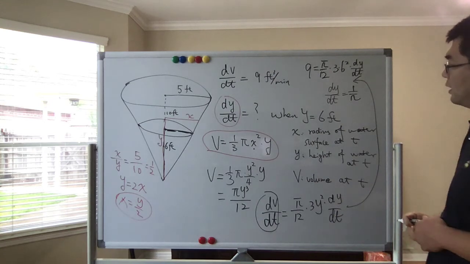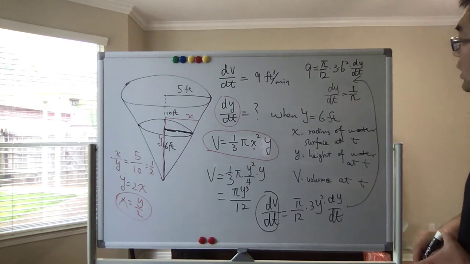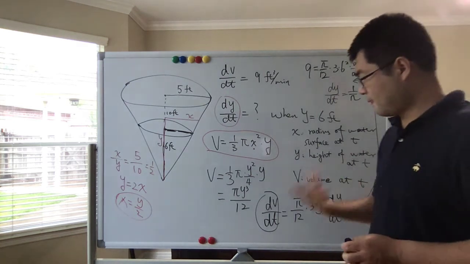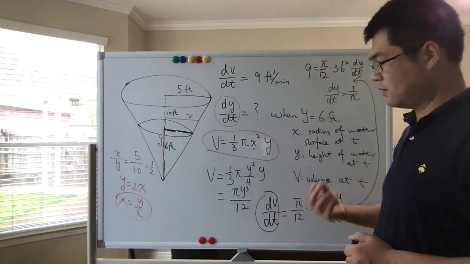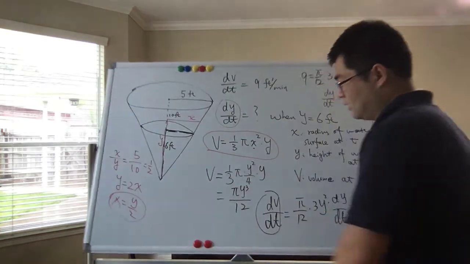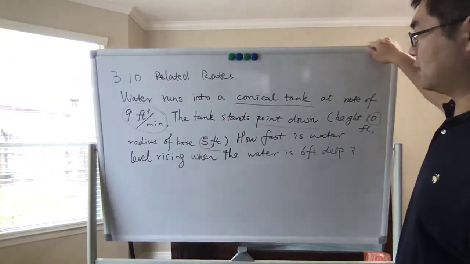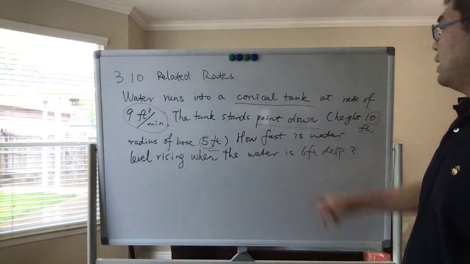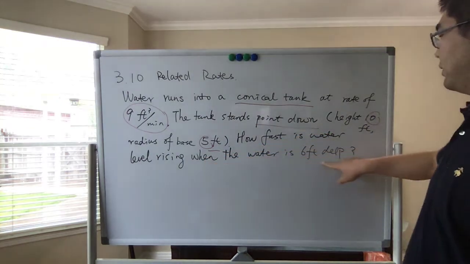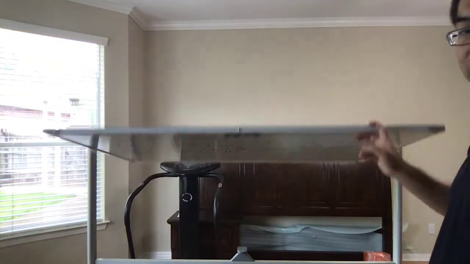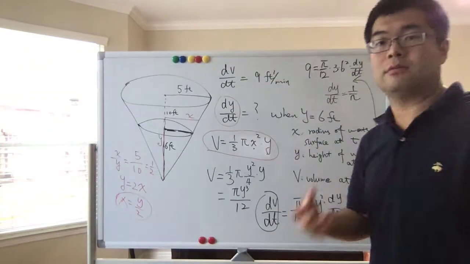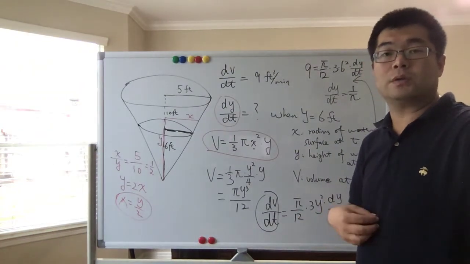That's the rate of change for the height, which is exactly how fast the water level is rising when the water is 6 feet deep, which is exactly asking for the rate of change of y when y equals 6.